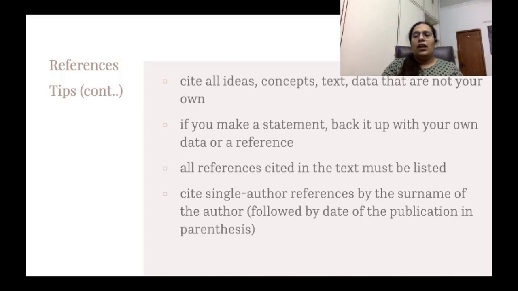Try to back it up with your own data, and cite all the references you have taken from other researchers. Write every single author by surname. Try to have generally an APA kind of formatting.